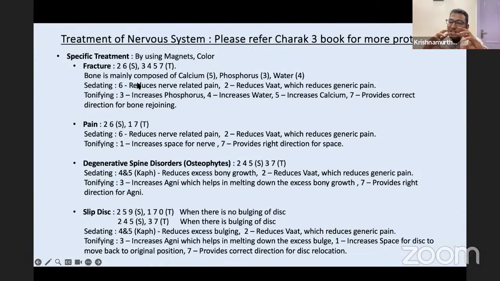Now, when there is a breakage, when there is a fracture, bone is broken, what should I do? I have to repair it. So if I have to repair, I have to tonify number 5, number 3, and number 4, all the three raw materials with which the bone is made: calcium, phosphorus, and water.